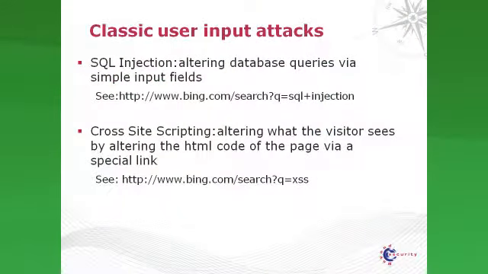Cross-site scripting is a similar attack that works in a little different way. There we alter what the visitor actually sees. We send a visitor a special link that's usually malformed or a little different, and when that visitor clicks on the link, they'll go to your website, but they'll see something a little different than what you meant to show.